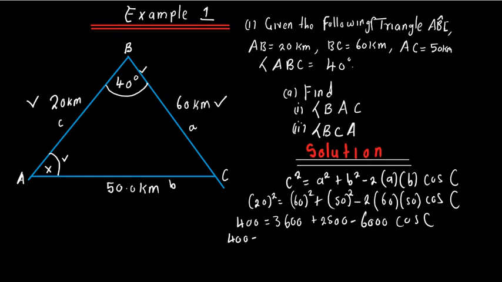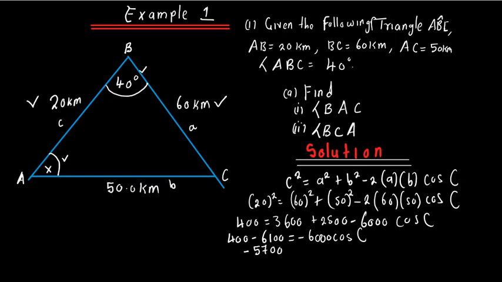If we add 3,600 plus 2,500, we are getting 6,100. Then we say negative 6,000 cosine big letter C.